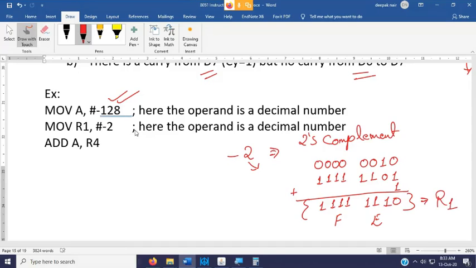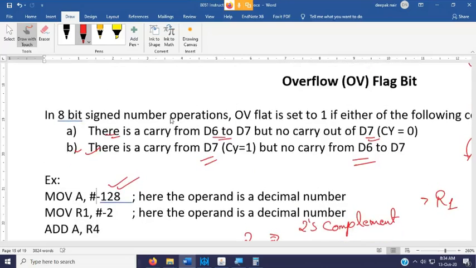Similarly, the 2's complement of minus 128 will go to the accumulator, and then we are going to add these two numbers and check what will happen to the overflow flag.